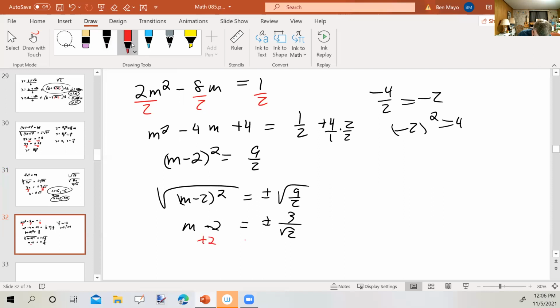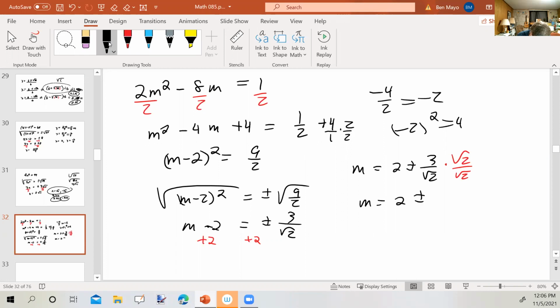I'm going to add 2 to both sides. M equals 2 plus or minus 3 over the square root of 2. I'm going to rationalize the denominator of that fraction. So m equals 2 plus or minus 3 square roots of 2 over 2.